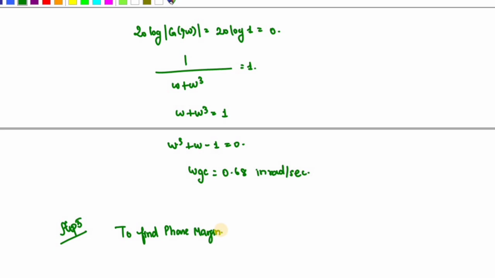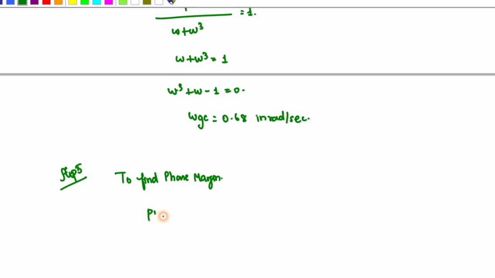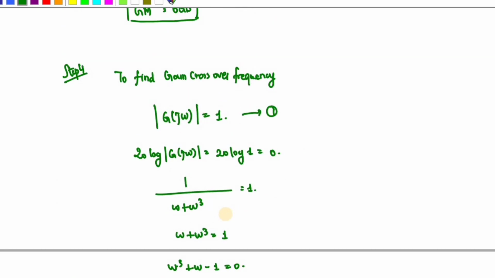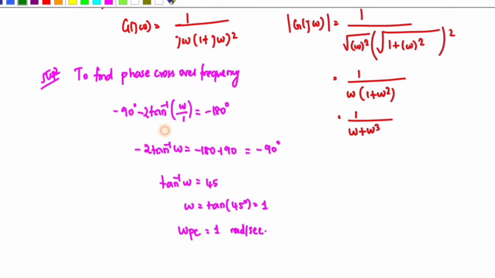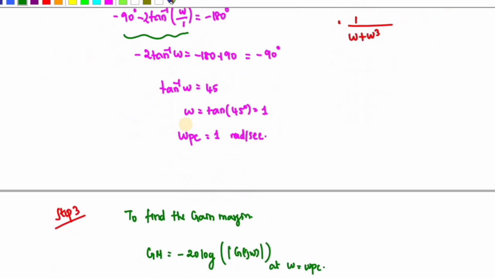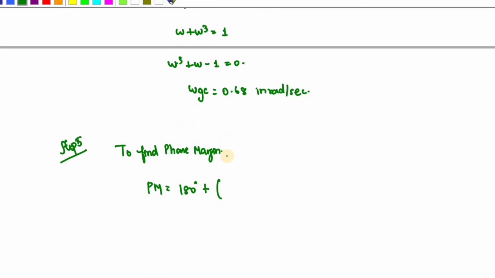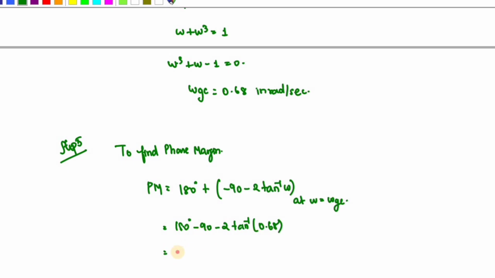The phase margin is nothing but 180 degree plus the phase, that is 180 degree minus 90 minus 2 tan inverse of omega, at omega is equal to omega GC. Substituting omega GC value 0.68, this is nothing but 90 minus 2 tan inverse of 0.68.